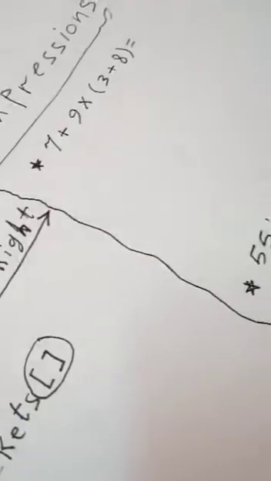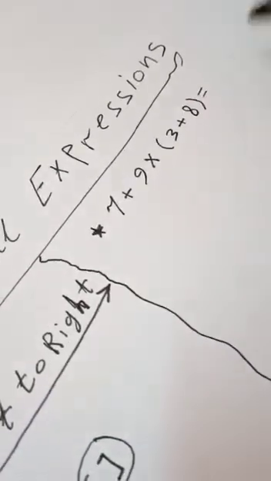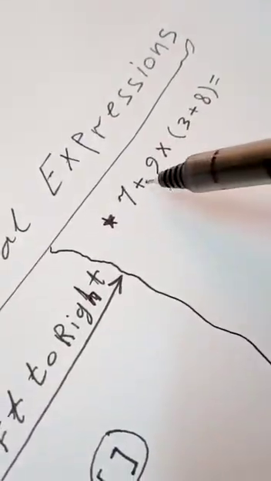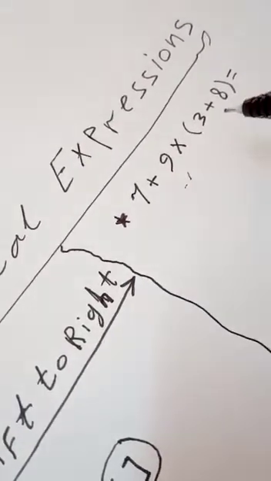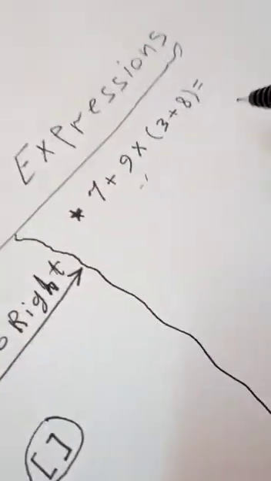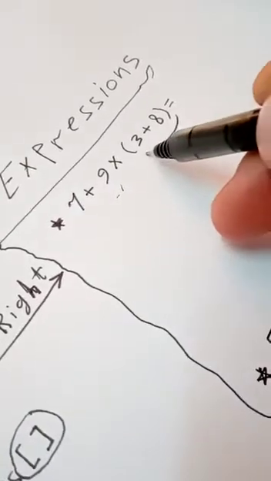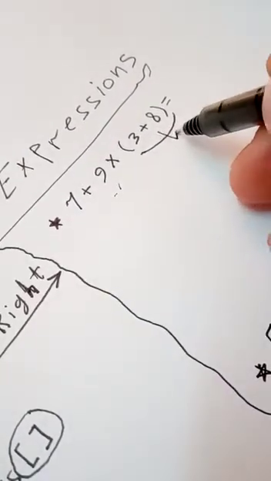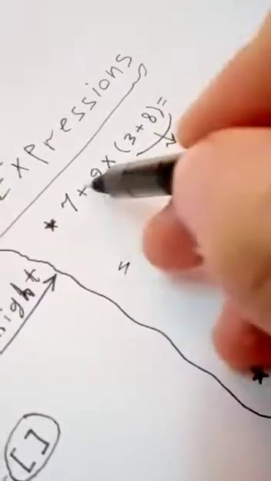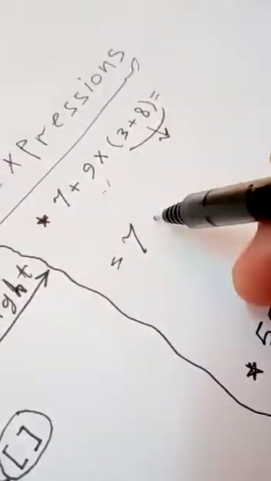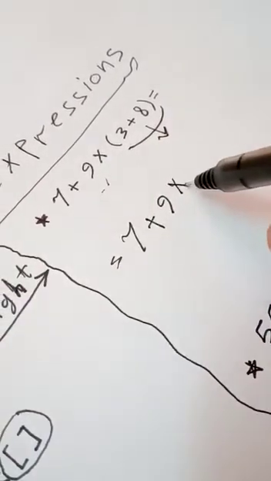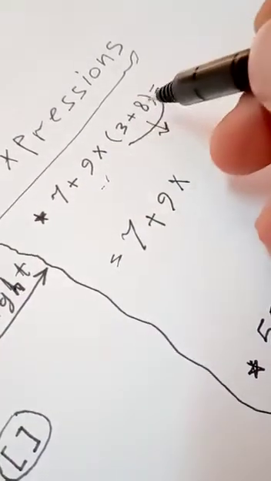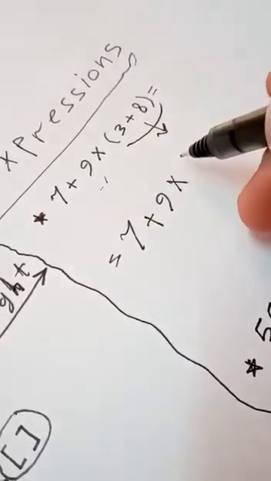The third example. In this exercise we have plus, multiply, and parentheses. So the order is for parentheses. Start to solve from parentheses. So we have here 7 plus 9 times, and in the parentheses we have 3 plus 8, which means 11.